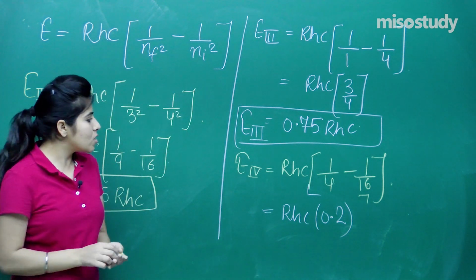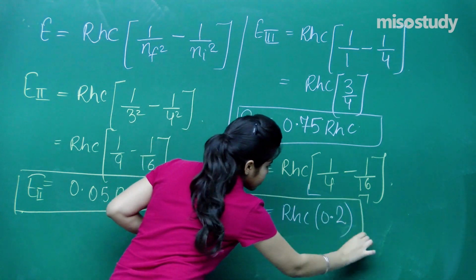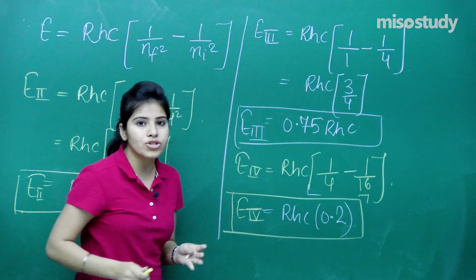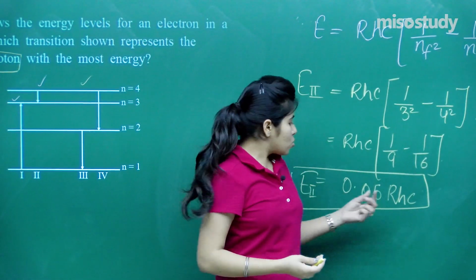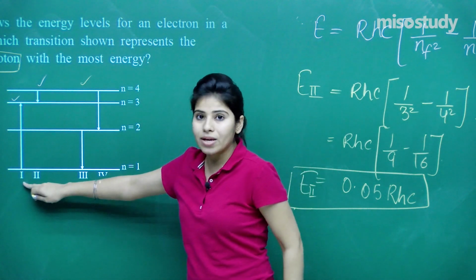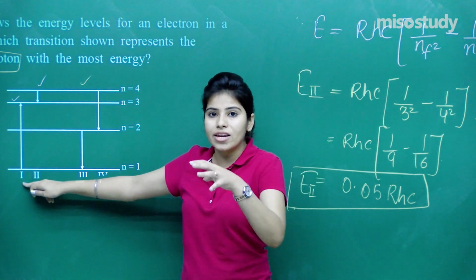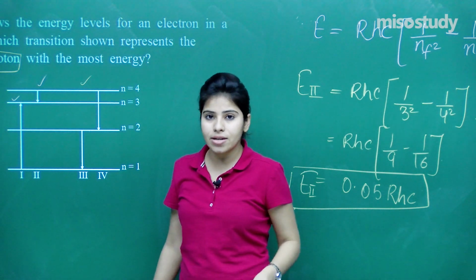Now, what you can observe from here is that we have to tell which is the most energy. Here one thing that I have ignored was the first one, because in this case the energy will come out to be negative. So that option will be directly deducted.